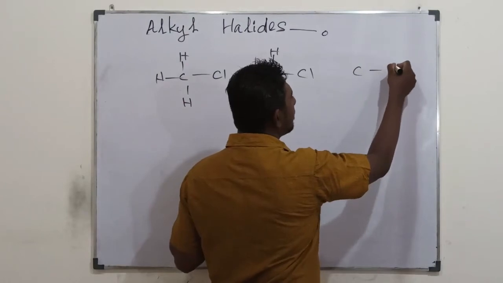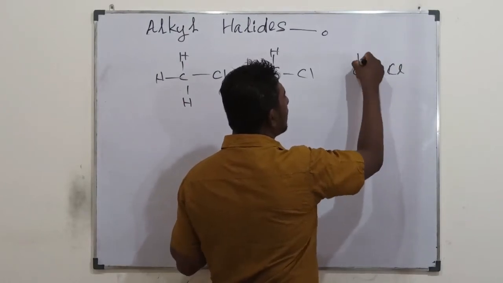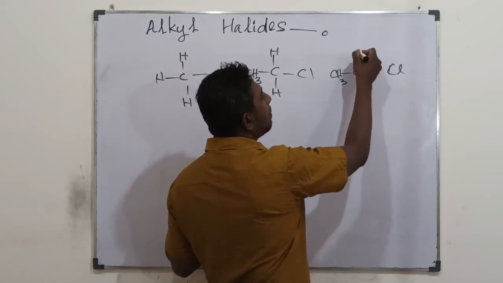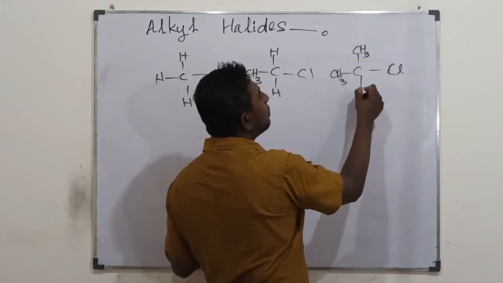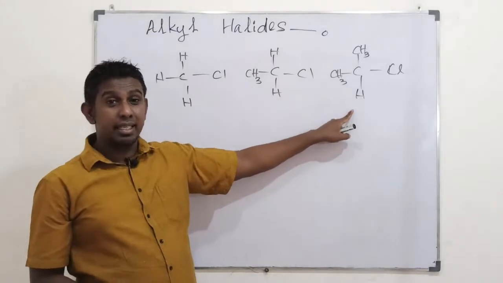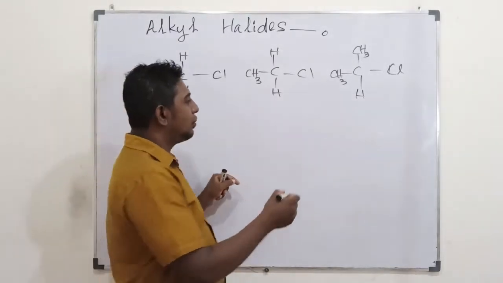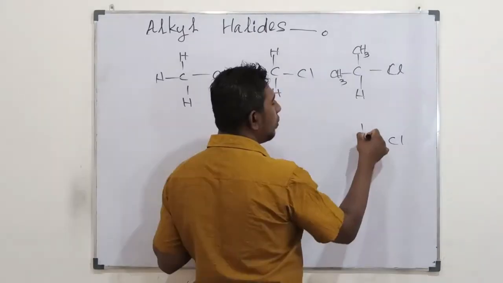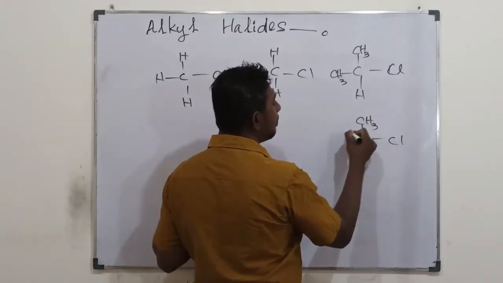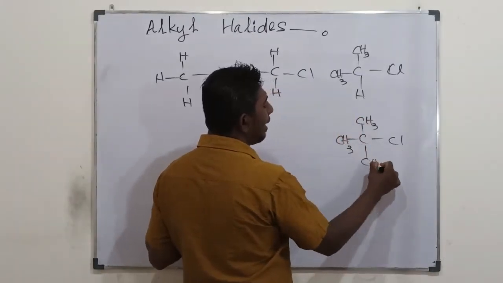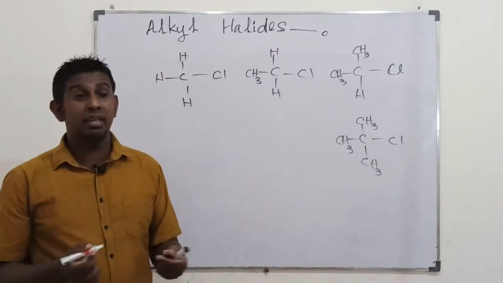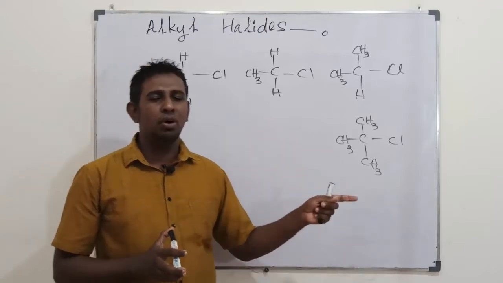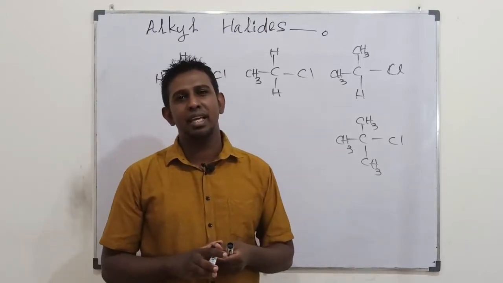But look at this. When you have chlorine attached to a carbon having two alkyl groups, it's a secondary alkyl halide. If the carbon carrying the chlorine atom has three alkyl groups, what would it be? Students, it's called a tertiary alkyl halide.